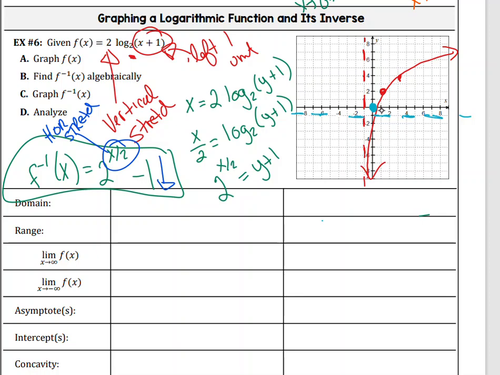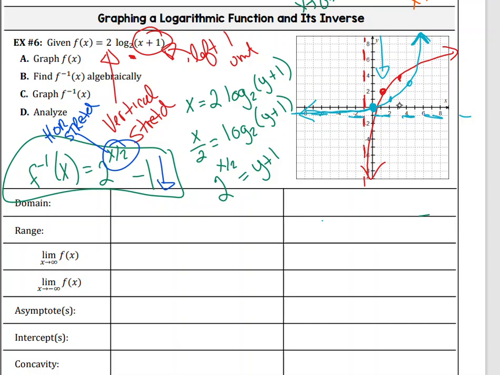And it's going to swoop around this way. Now, again, these are inverses of each other. So if this is 1, 2, the other point will be 2, 1. And if this point is 3, 4, the other one will be 4, 3. So you can see that swooping up over there.